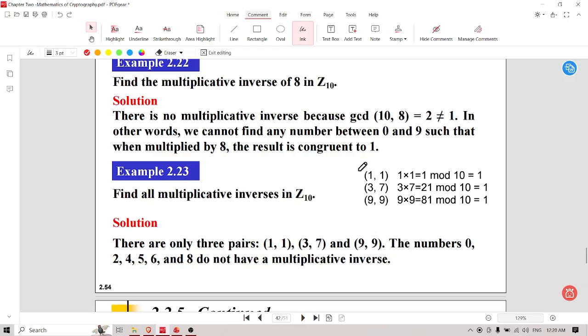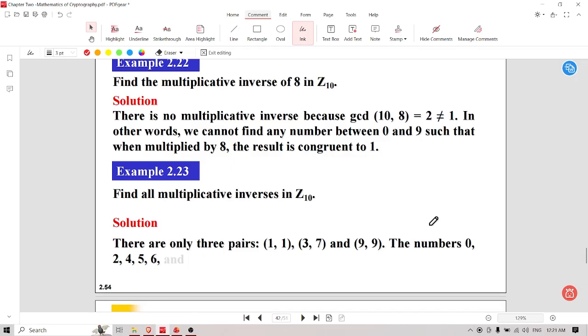Now, we say that the inverse of 1 is 1. Why? Because 1 multiplied by 1 is equal to 1, and 1 mod 10 is 1. 21 mod 10 is 1. 81 mod 10 is 1. And how?